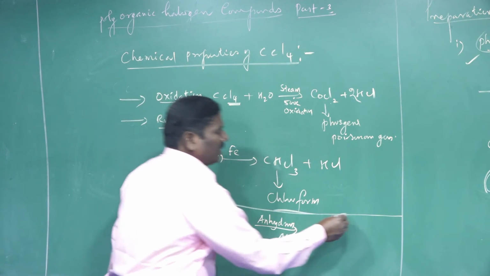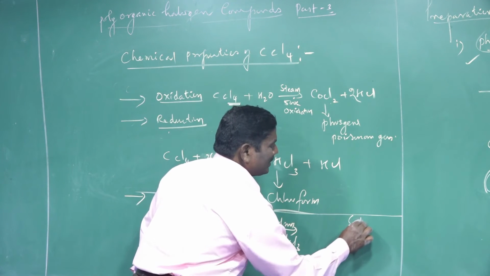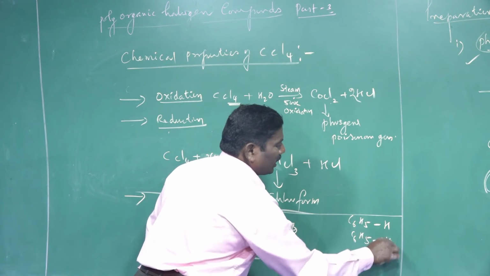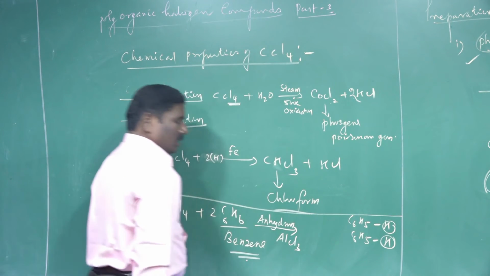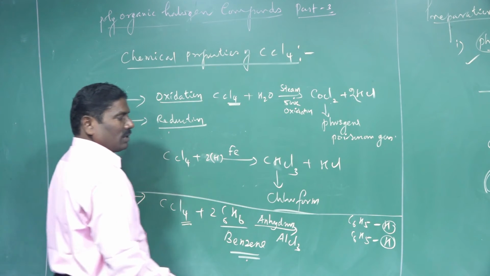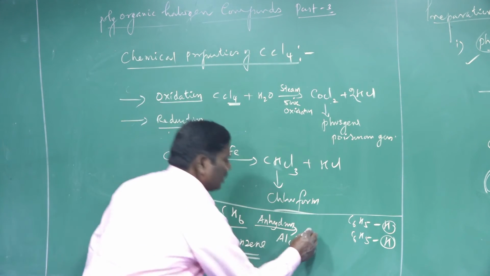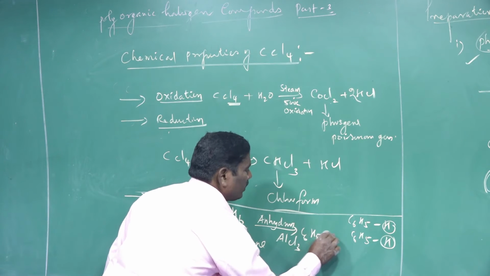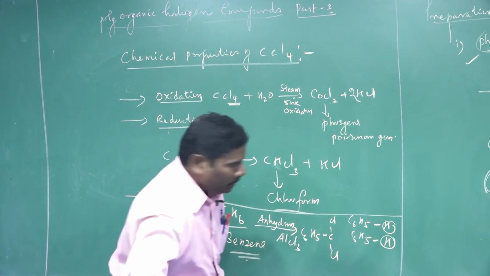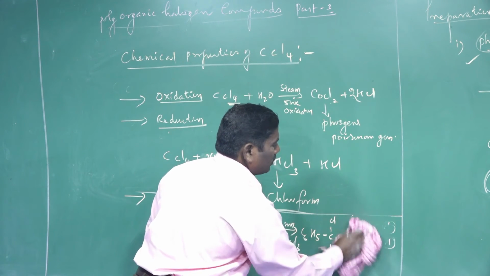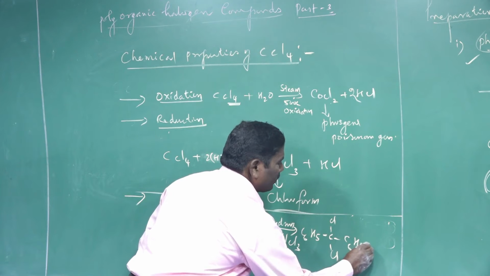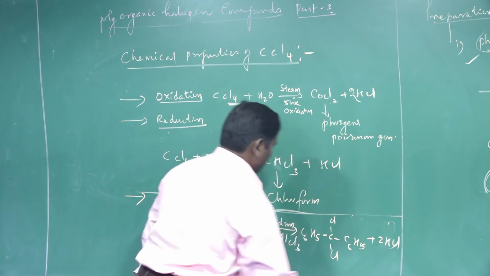Now this benzene can split into C6H5 and hydrogen, and these 2 hydrogens react with this chlorine. Now the product formed we can write as C6H5, CCl, C6H5, plus 2 HCl.